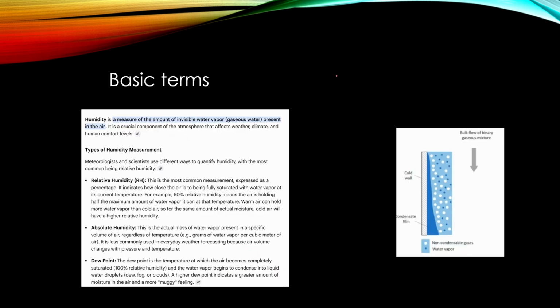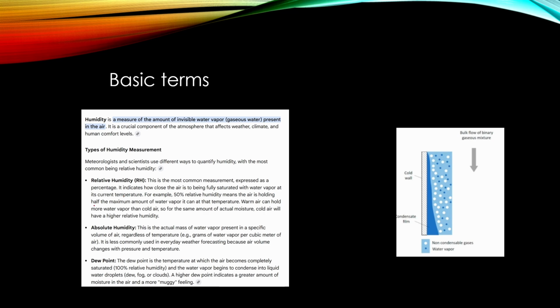Let's have a closer look at how we can analyze this kind of situation when we have moisture in the air, we have a cold surface and some moisture is condensing on that surface. We need some basic terms, and if we start from humidity, it is a measure of how much moisture we have in the air.